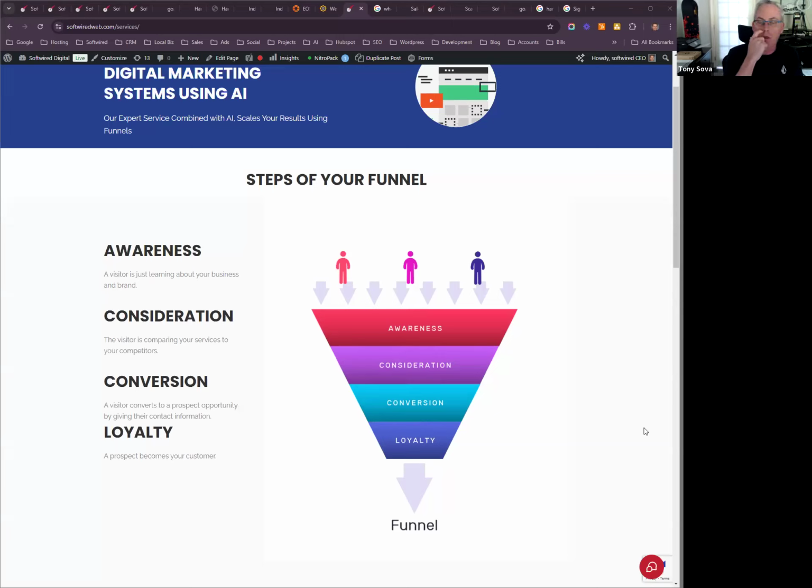Consideration is when you've figured out that you need something and you're starting to look at different types of services or products that are going to solve that problem, and you're going to get those answers. And then decision is where you've narrowed it down to a couple of different businesses or people that are going to solve your problem, and then you become a customer. At the end of that, you have customer loyalty, and then it feeds back into the top of the funnel.